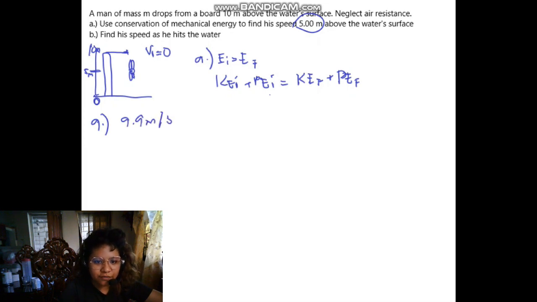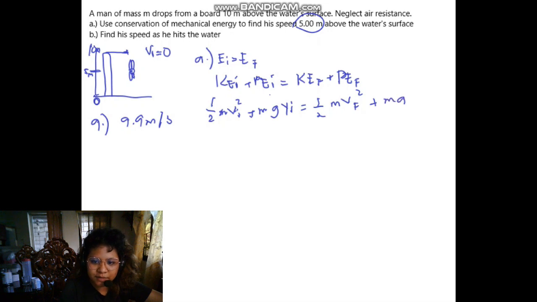The formula is 1/2 mass times initial velocity squared plus mass times gravity times initial position is equal to 1/2 mass times final velocity squared plus mass times gravity times final position. As he hits the water, we are now at 0, his final position. So this is now 0. We cancel the mass since we neglect air resistance, and cancel this because our initial velocity is 0.